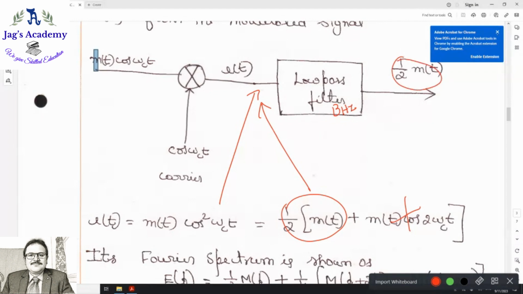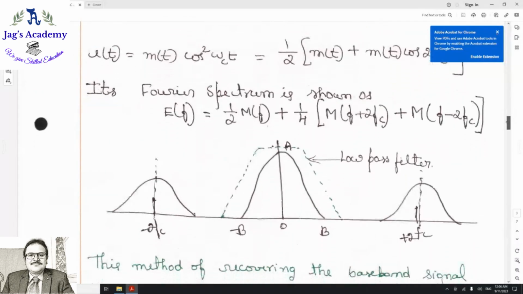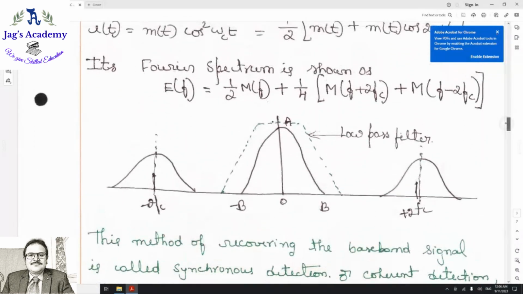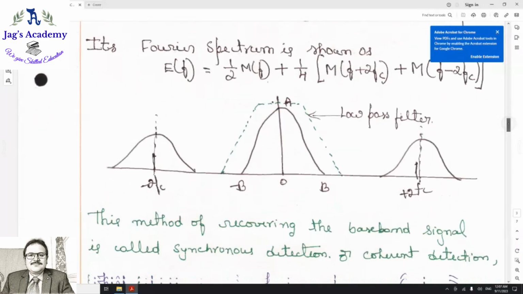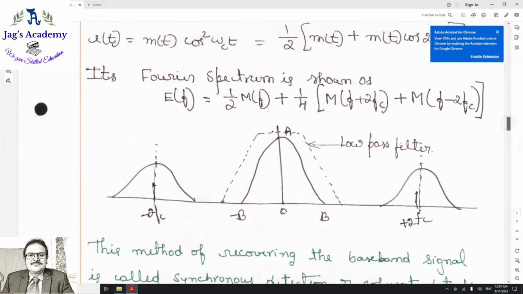This is what you require. So you got the demodulated signal. Whatever signal you have modulated, you have demodulated it. This is the demodulation process for a double sideband suppressed carrier wave.